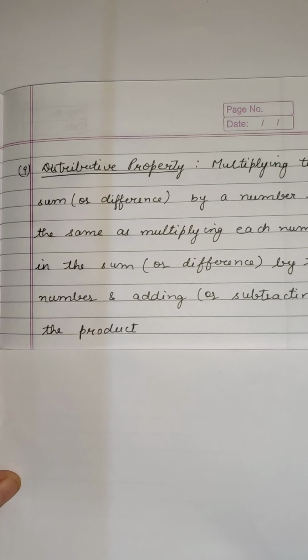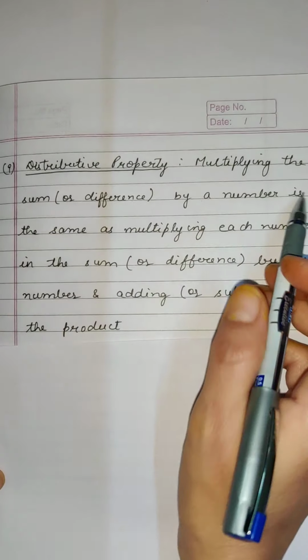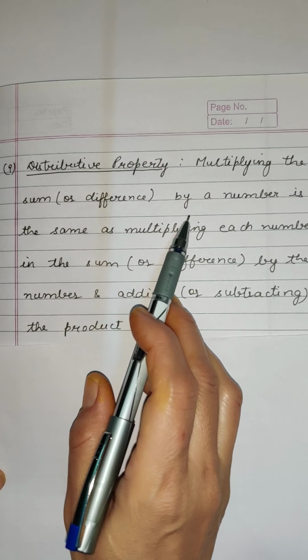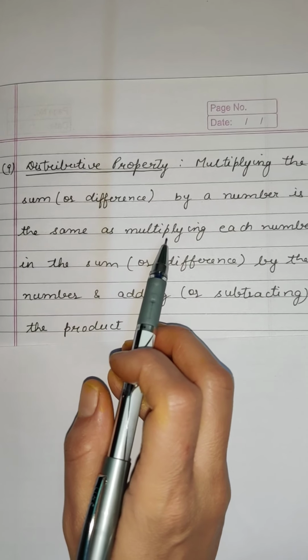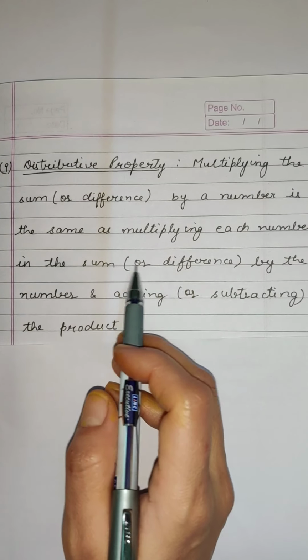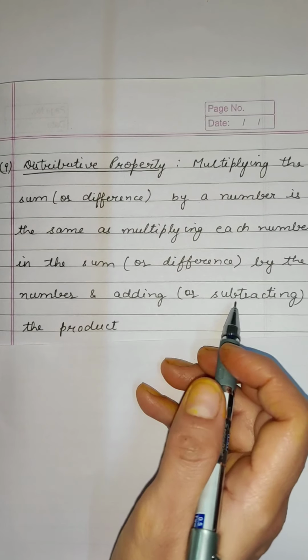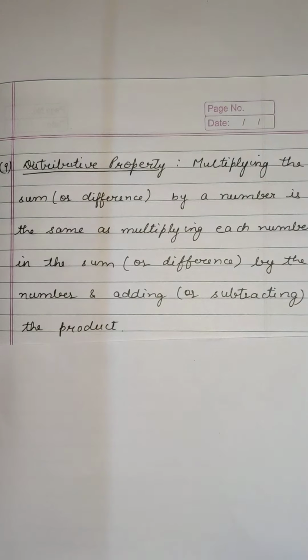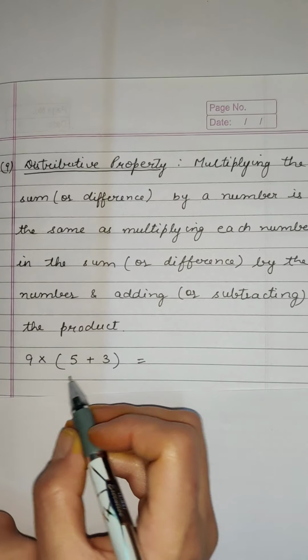Now let us see another property which is called distributive property. Multiplying the sum or difference by a number is the same as multiplying each number in the sum or difference by the number and adding or subtracting the product. Now let me explain this again with the help of an example.